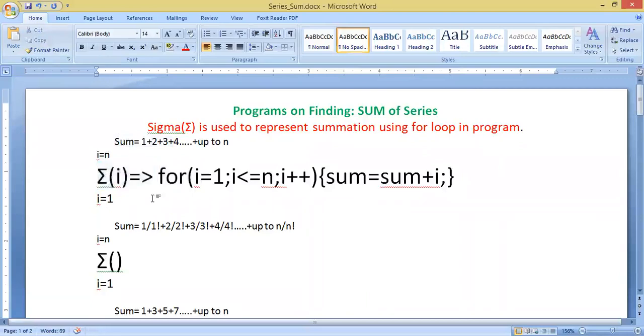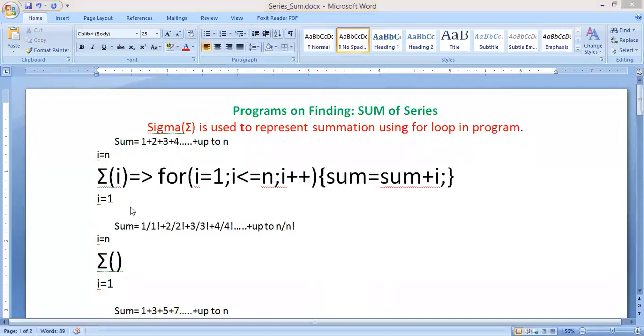The value of sum will be 0, obviously initialized to 0 initially. Is that sigma representation clear? Because next time this summation will be a little bit difficult, and you should not be confused by it, right? I think this is clear, because you are not telling anything, that means you are agreeing.